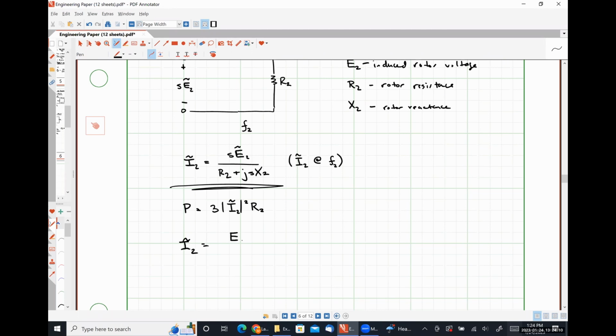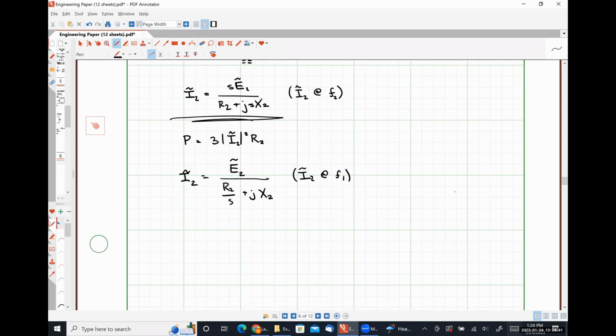So that's just going to leave us E2, our induced voltage. We're going to have to divide R2 by s. And then we're going to have plus jX2. Where in this case, I2 is effectively now a stator referred quantity, or at least it's operating at our stator frequency. Okay.